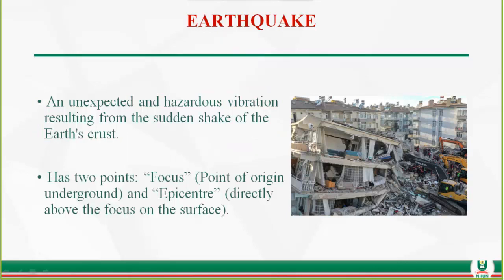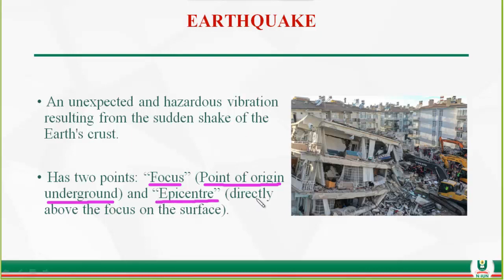An earthquake usually has two points. The focus point is the point of origin underground where it begins. It happens underground, starting from beneath before the vibration actually happens. The second point is the epicenter.